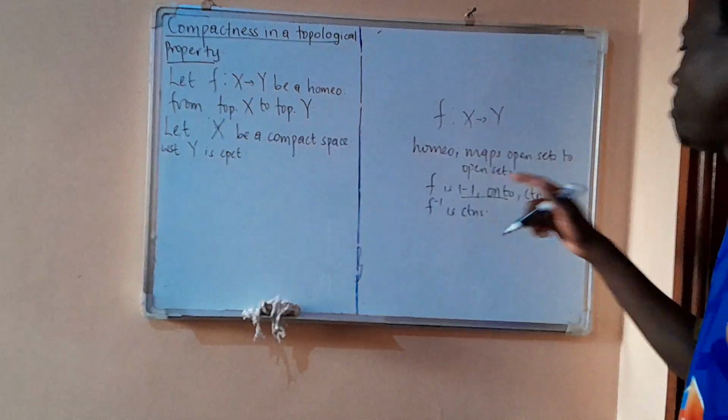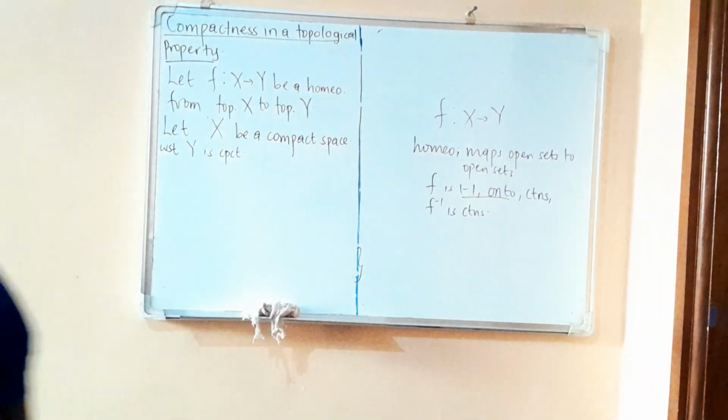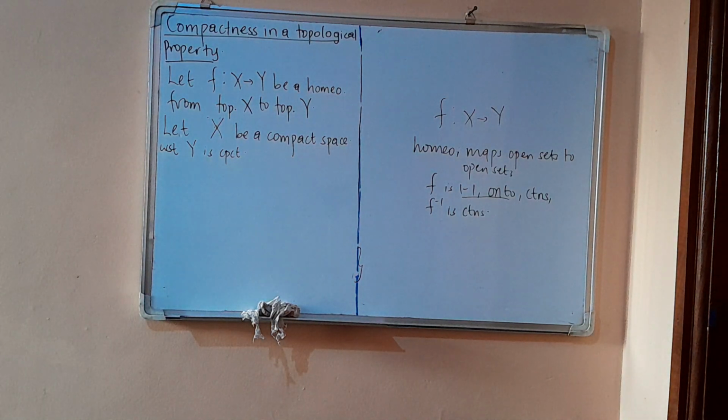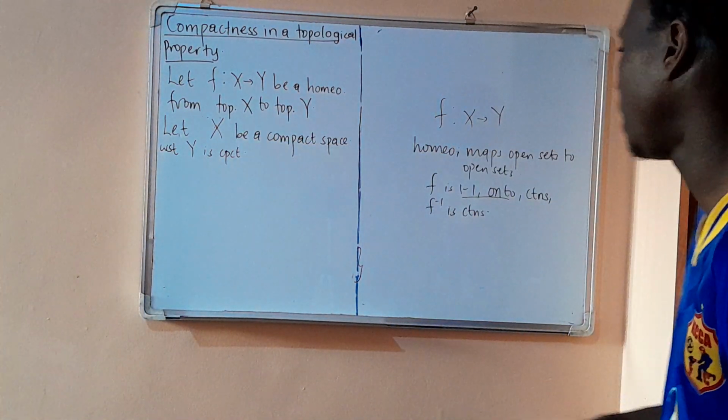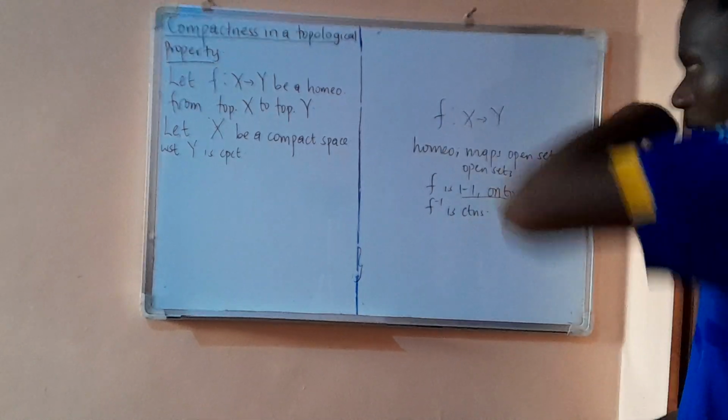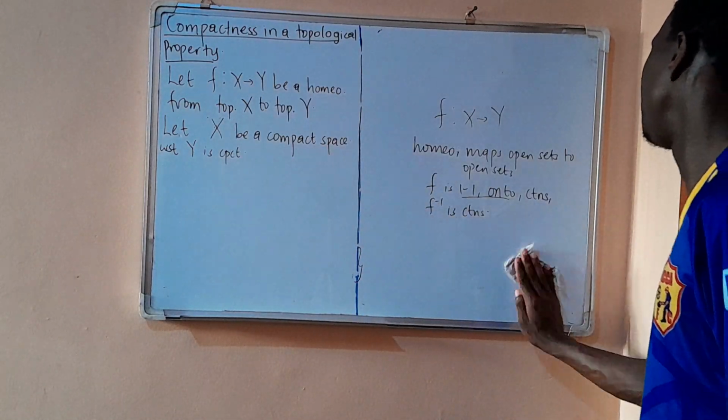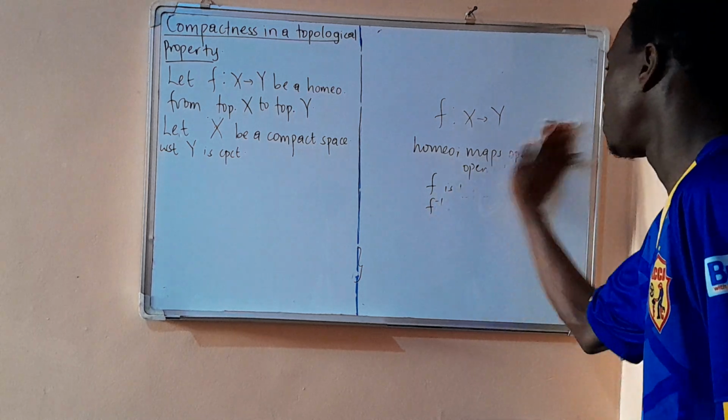So f is a bijective, continuous map, and the inverse f inverse is also a continuous map. You need that as a preamble to this interesting proof.